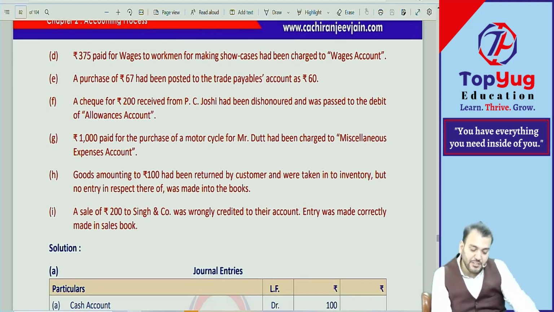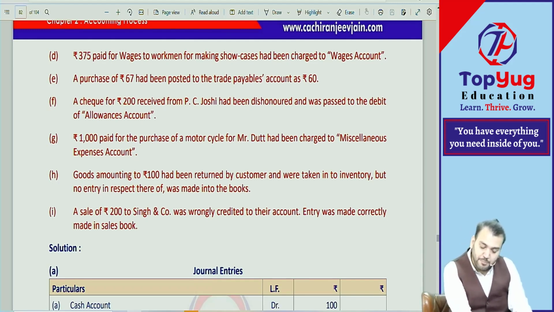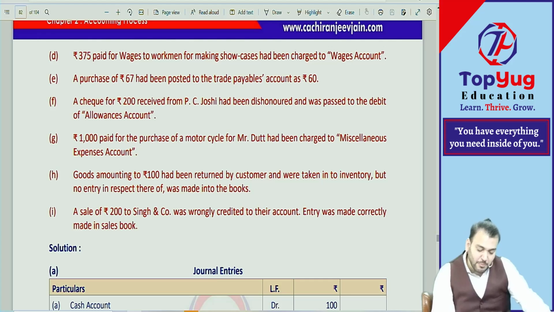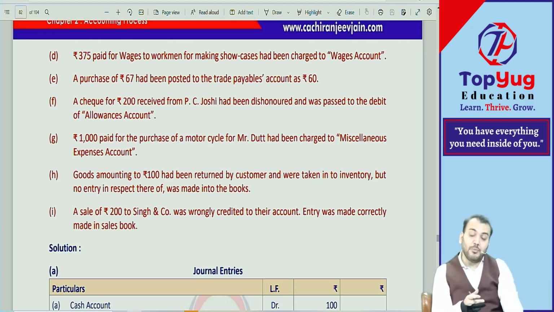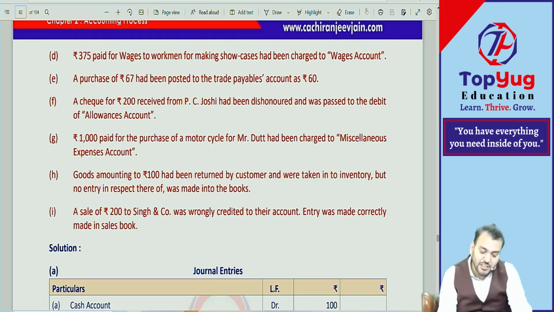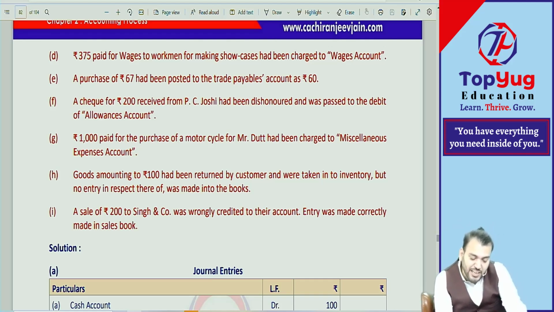Point number F. A cheque of rupees 200 received from PC Joshi has been dishonored and was posted to the debit of allowance account. Means it has been dishonored but has been passed to the debit of allowance account. Correct. The cheque has been received from whom? PC Joshi.